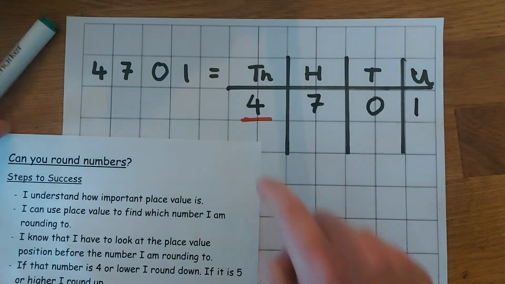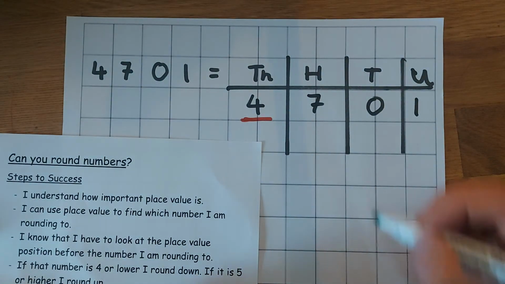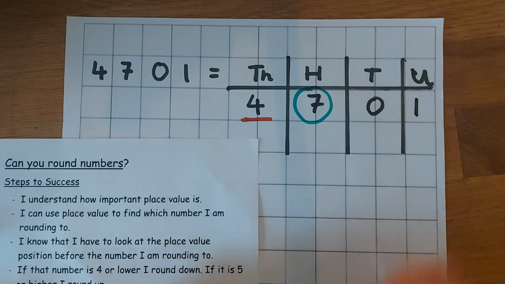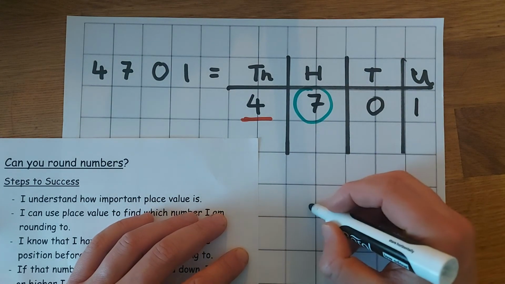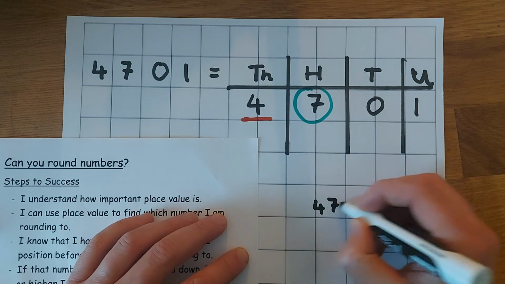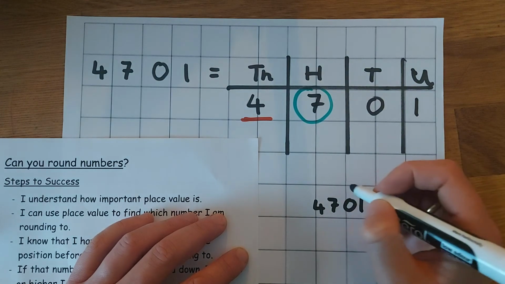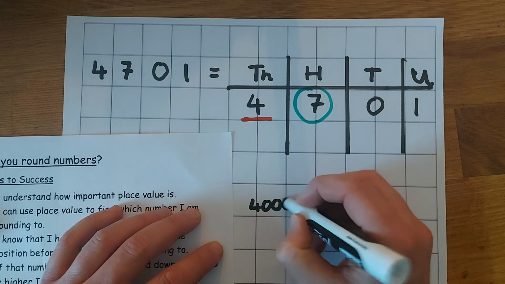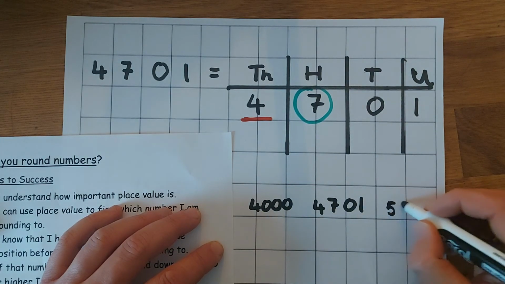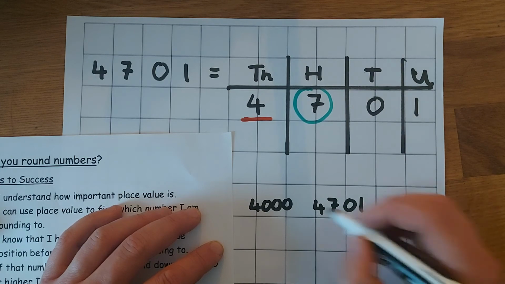Okay, so if I'm rounding to here, that's the second step. That means I'll be looking at this number, which is telling me to round up or round down. Okay, so if I've got 4,701, I'm going to be either rounding to 4,000, or I'm going to be rounding up to 5,000.